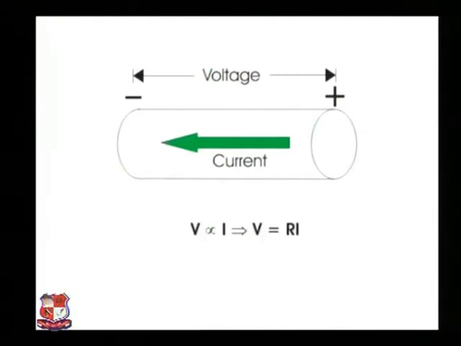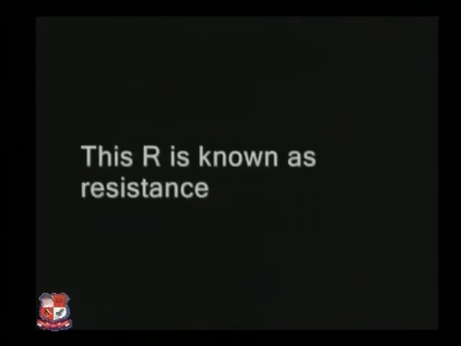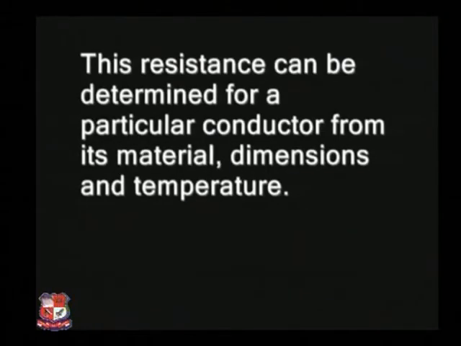That means V is directly proportional to I, or V equals R into I, where R is the constant of proportionality. This R is known as the resistance of the conductor. This resistance can be determined for a particular conductor from its material, dimensions, and temperature.